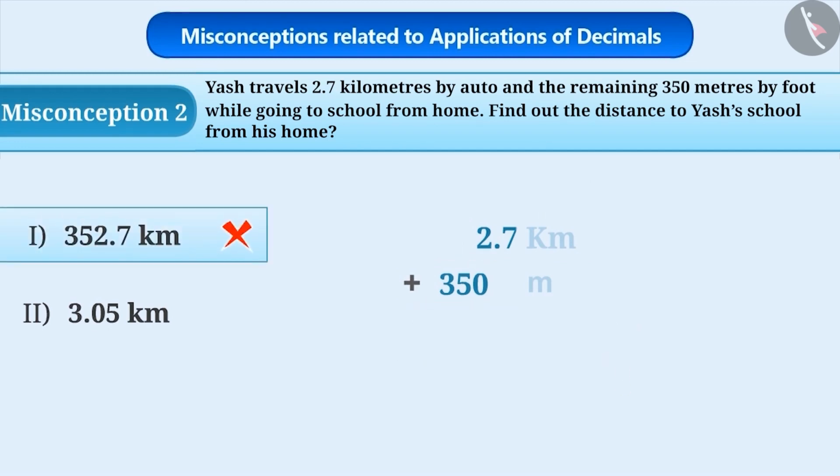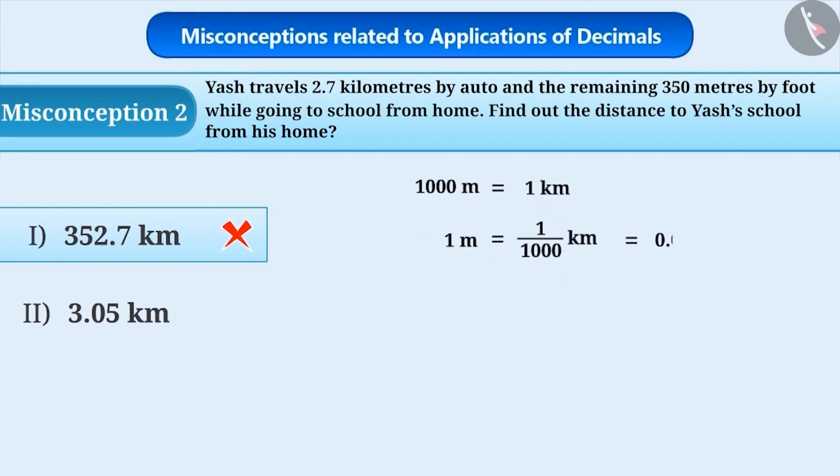The correct way to do this is that while performing any mathematical operation, it is important to take care of the units. Here one number is given in kilometers and the other in meters. In such cases, first we need to make the units equal. We need to find the distance in kilometers. So, we will convert 350 meters into kilometers. 1000 meters is equal to 1 kilometer. Therefore, 1 meter is equal to 1 by 1000 kilometers, which is 0.001 kilometers.